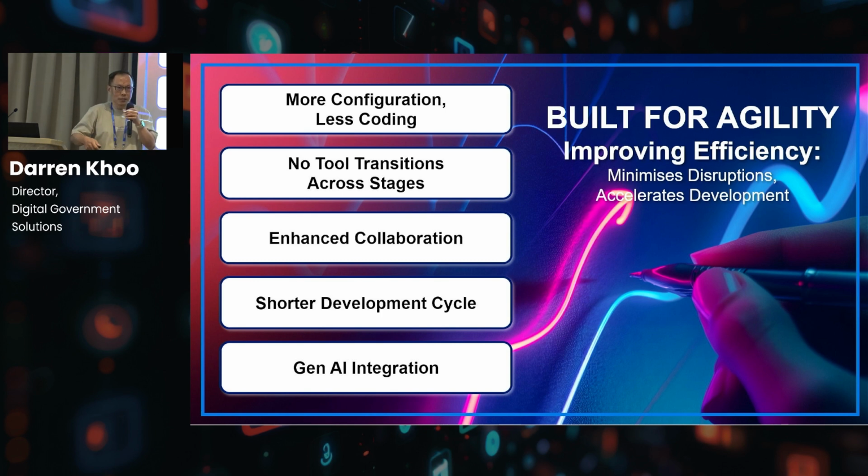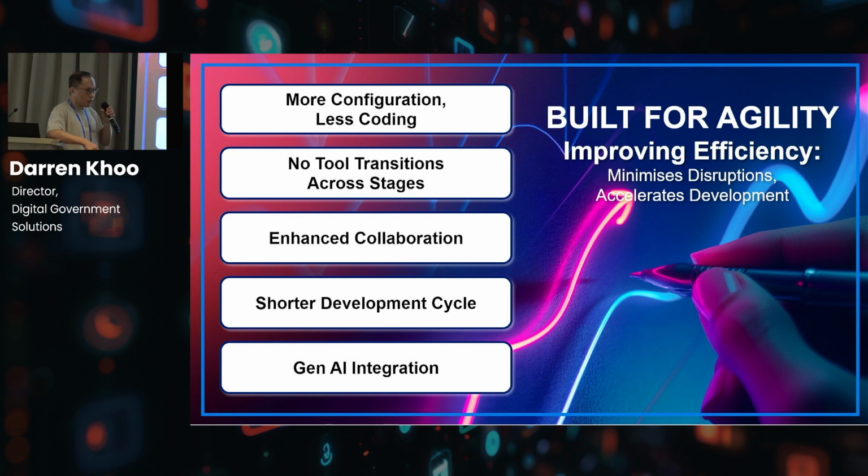You only do coding when there's a custom logic that is not possible to configure easily. And as you saw earlier, there's no transition across the different stages, because Kaizen is going to take you from the start to the end. It has all the features and capabilities that you need to develop and operationalize your system.